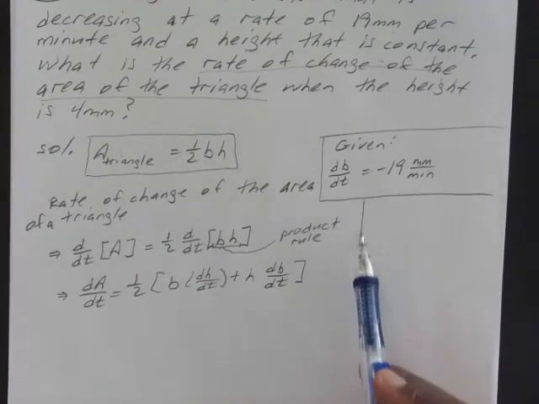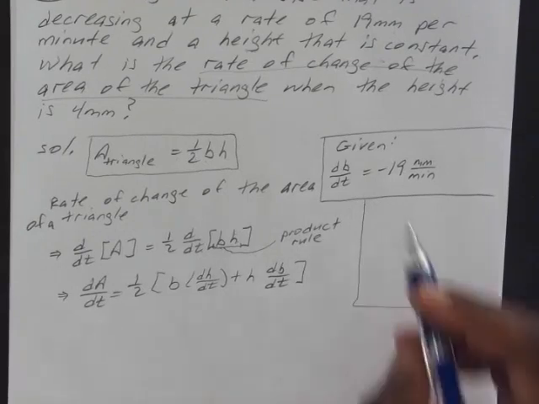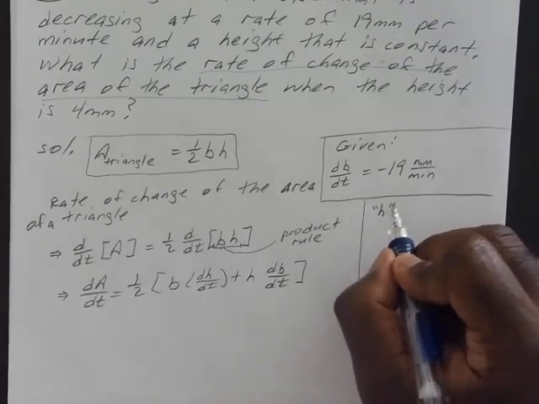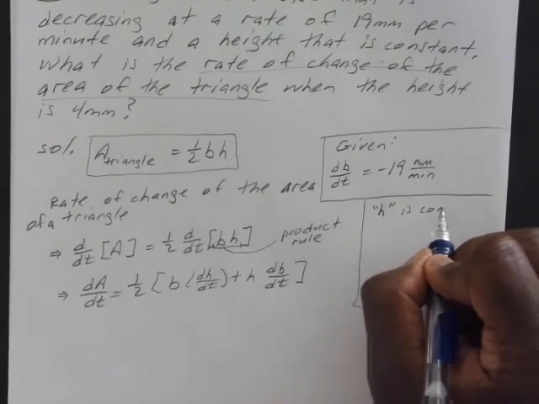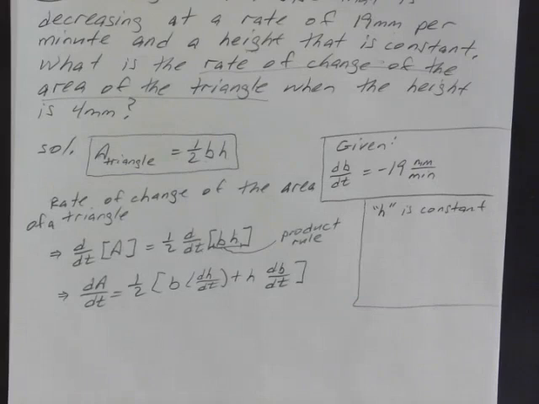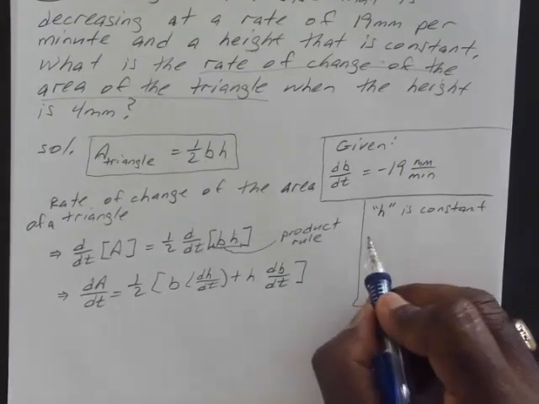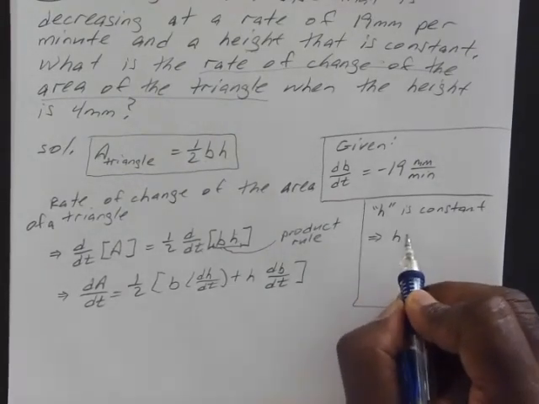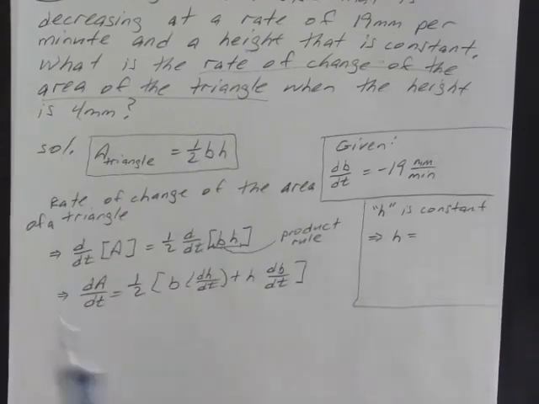Okay, so let's look at the fact that we know that h is constant. Okay, so we know that h is equal to 4 millimeters.